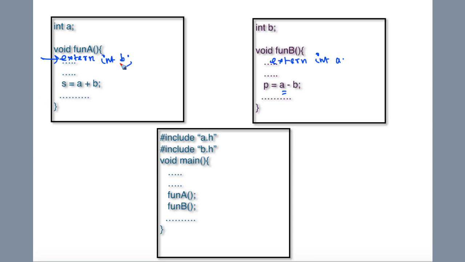Compiler understands that b is a global variable. The declaration of b is available sometime later on, maybe. So while compiler encounters this line, the usage of b is in this case compiled. Similarly, if we include this b.h first, then the usage of a is also compiled because compiler gets this instruction.